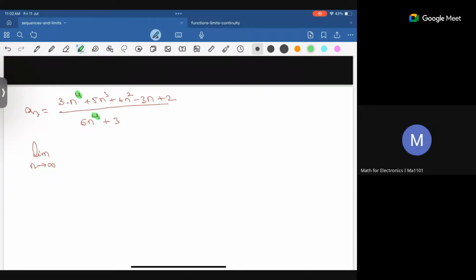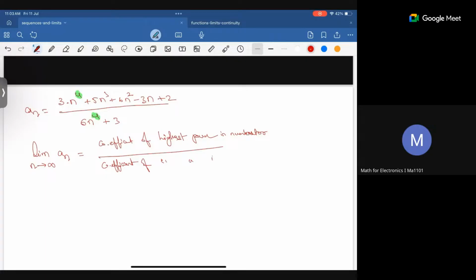If the highest powers in the numerator and denominator are the same, then for the limit of the sequence you take the coefficient of the highest power in the numerator divided by the coefficient of the highest power in the denominator.